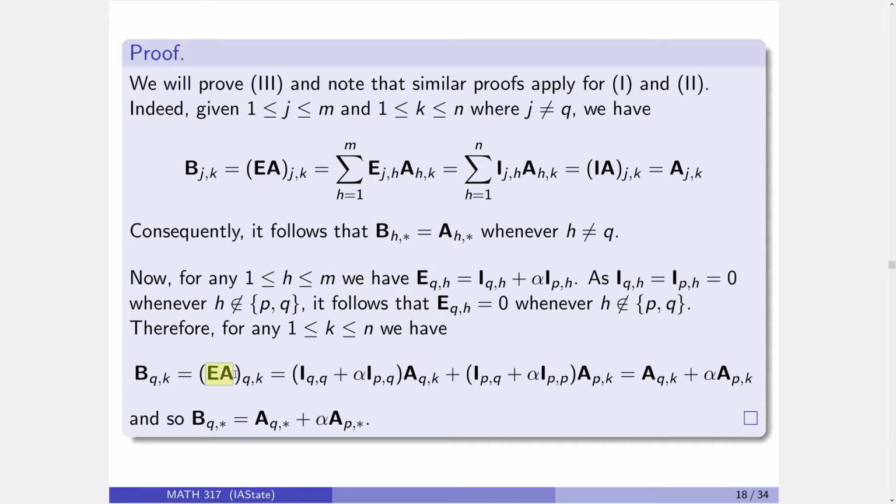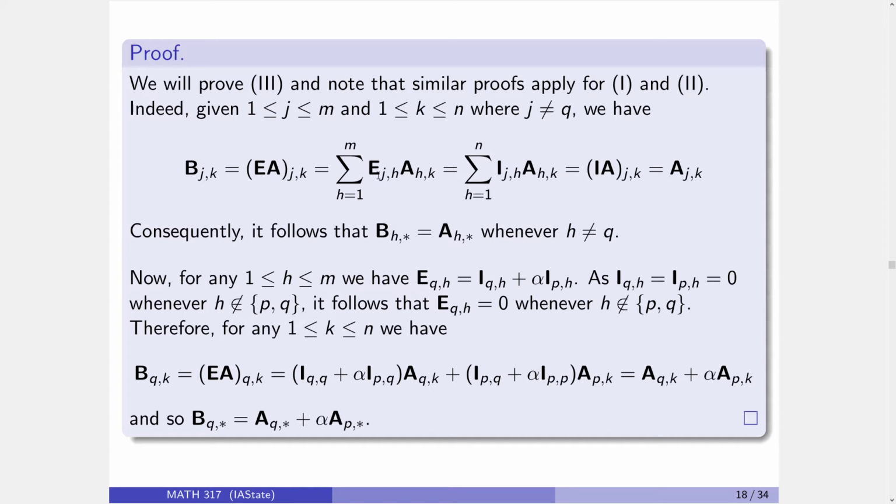So when I look at the matrix multiplication, which again would be this summation right here, everything drops out except when h is either p or q, and that corresponds to picking up this term and this term.